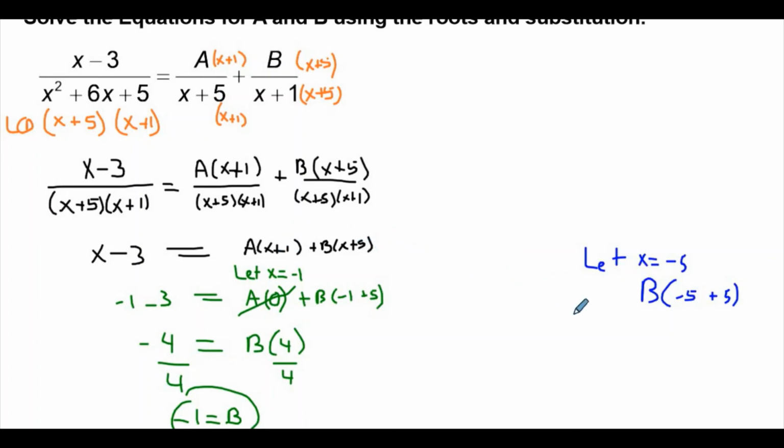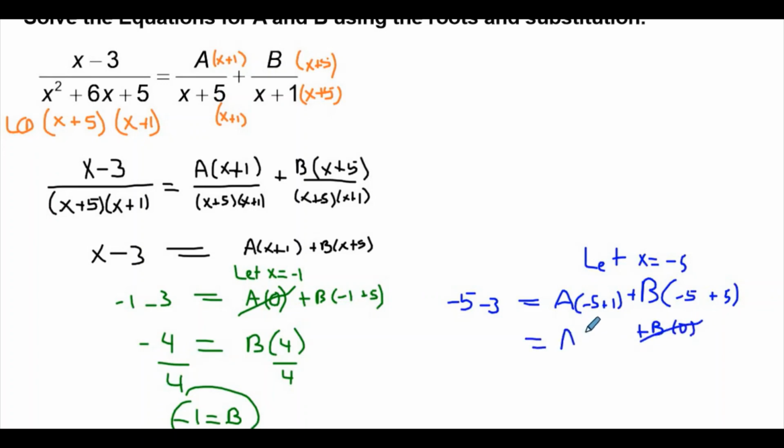All right, so then the a would be a times -5 plus 1, and that would equal -5 minus 3. So this zeroes out, right? This becomes b times 0, so it zeroes out.